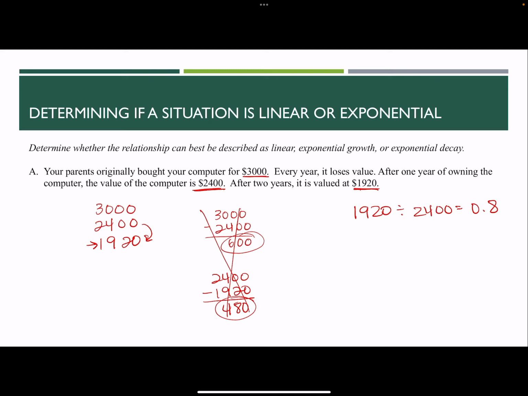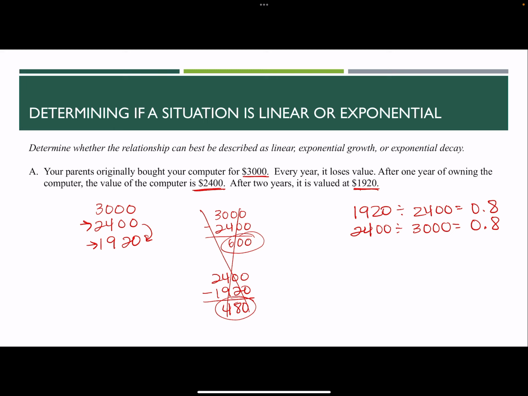Now I'm going to take the middle number, 2,400, that I just used, and divide by the value before that, so 3,000. So 2,400, type this into your calculator, divided by 3,000 is also 0.08.